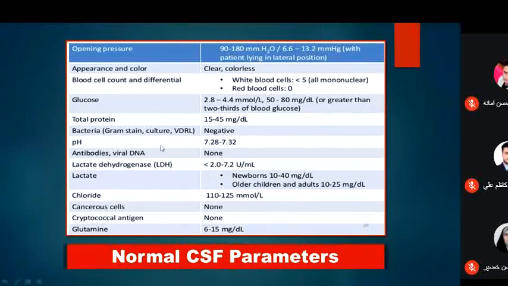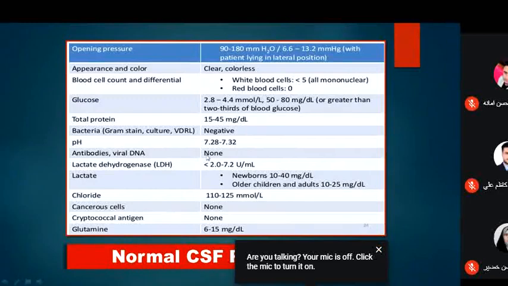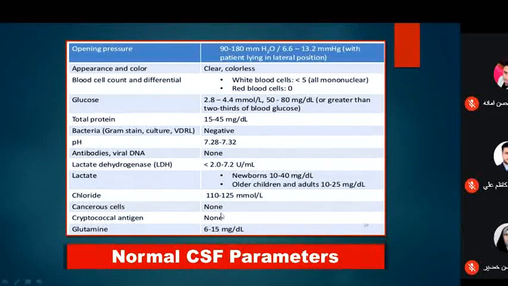The viral DNA or antibodies should be none. Lactate dehydrogenase also should be in this value. The chloride should be about 110 to 125, more than serum chloride. And of course, there is no cancerous cell.